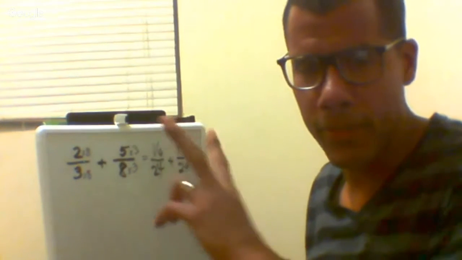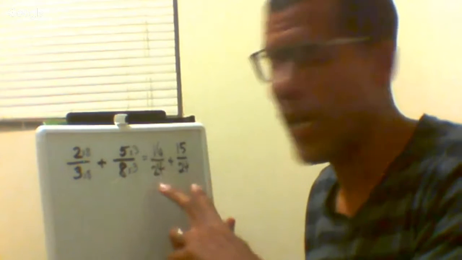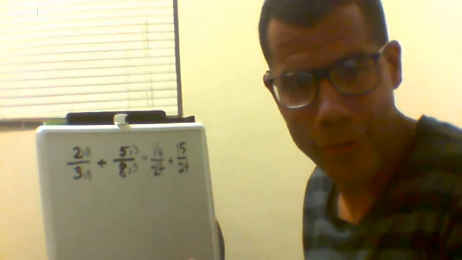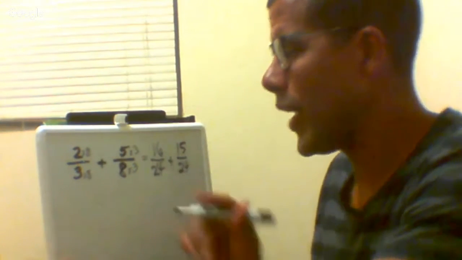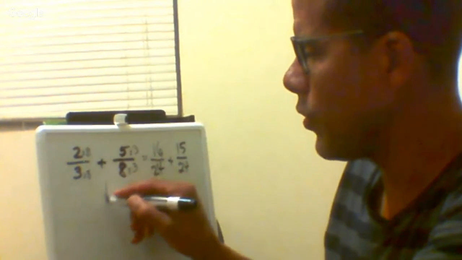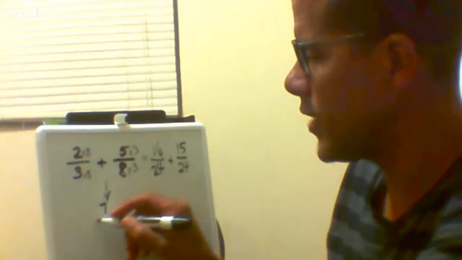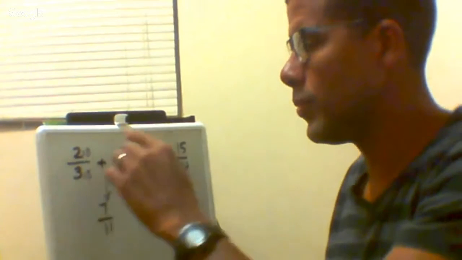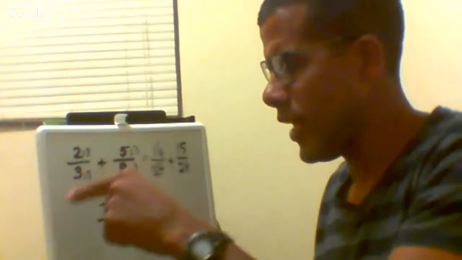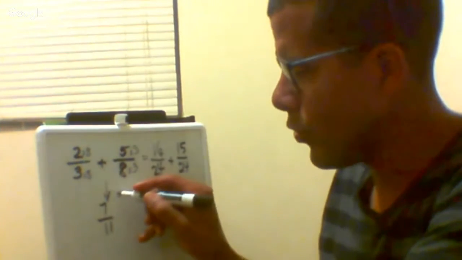They're either going to make it before they multiply and get a common denominator, or they may make it afterwards, okay? So a common mistake would normally be to say that this is 7 over 11, because 2 plus 5 is 7, and then 3 plus 8 is 7, and that is so wrong, okay?